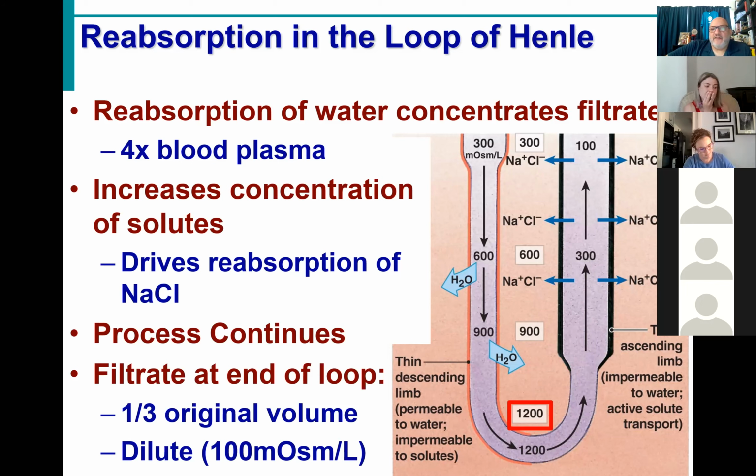So two thirds of the filtrate have been reabsorbed, and it is much more dilute than it was when it entered the loop of Henle. If we are in homeostatic balance, that filtrate stays dilute. We fine tune it in the distal convoluted tubule and in the collecting ducts, and you produce a large volume of dilute urine. Again, I say large, but we're talking about 1 to 2 liters in the course of the day.